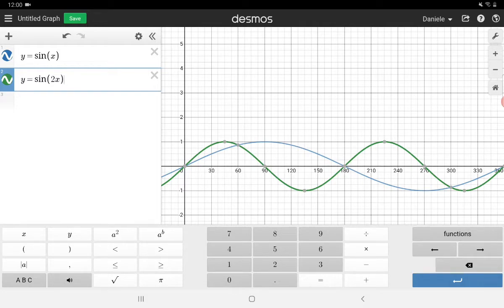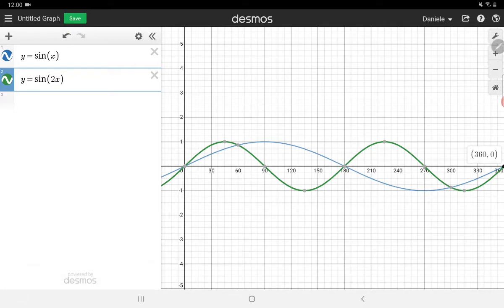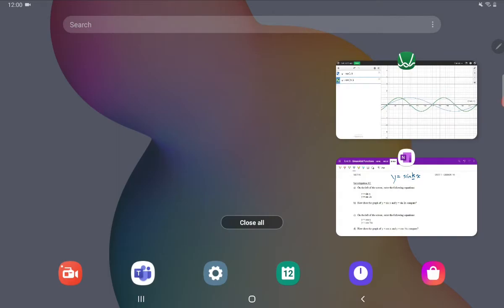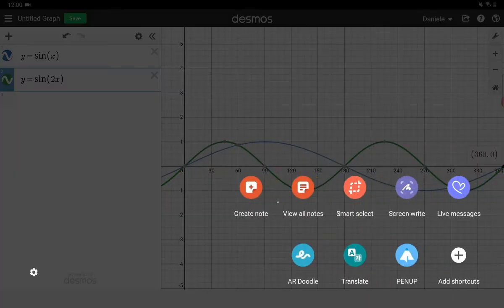We did have a period of 360. The base function is blue. We had a period of 360. Is our period 360 anymore? Let's analyze this.